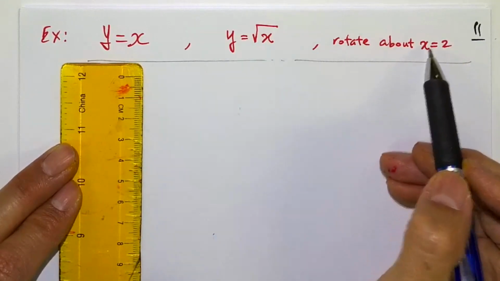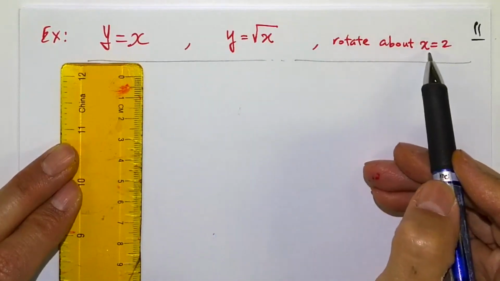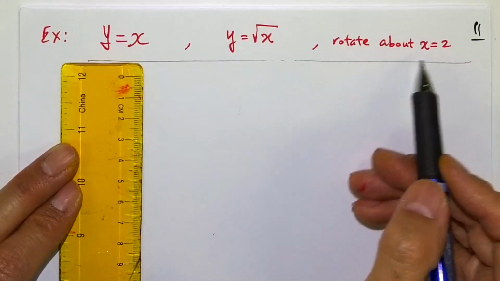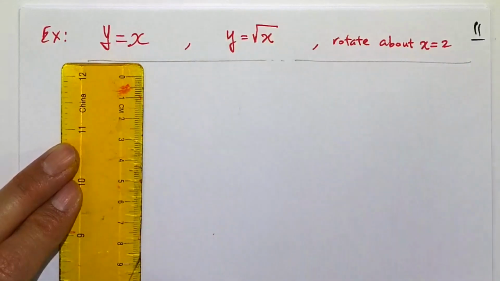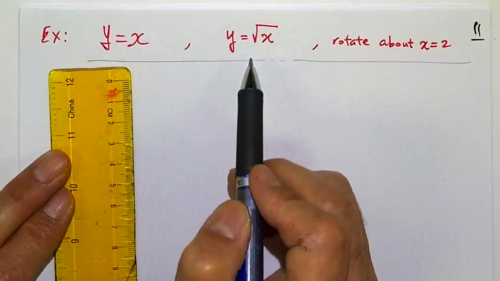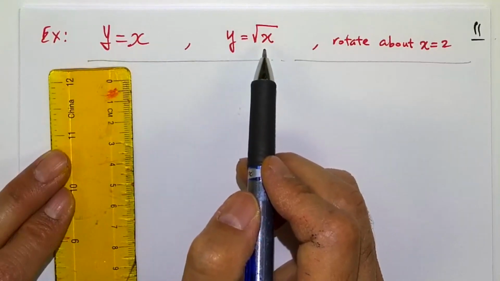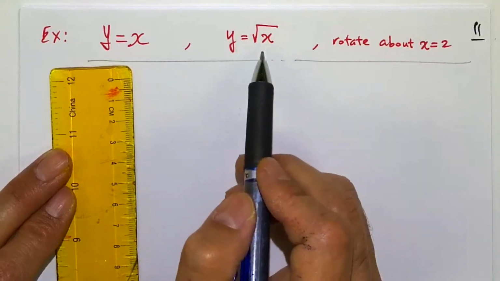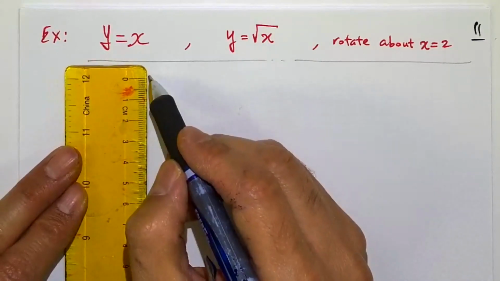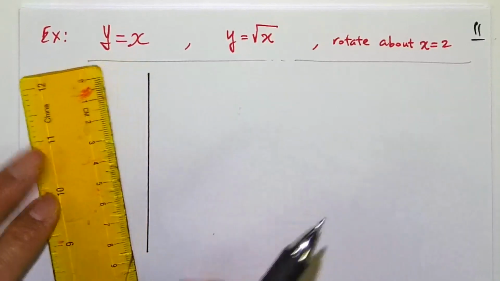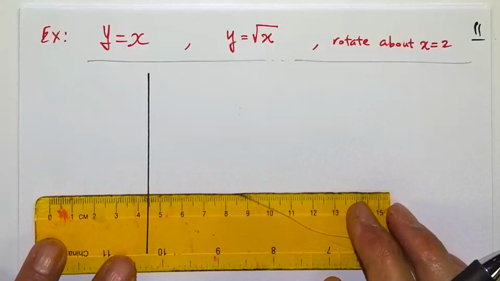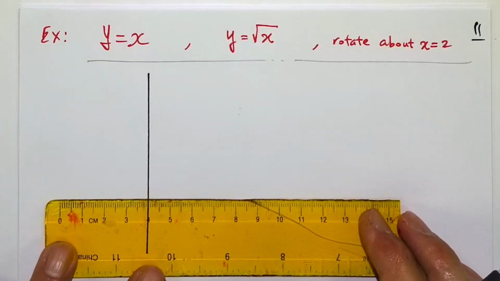Rotating about a vertical line which is parallel to the y-axis means that we can use dy or y as the variable of integration. So this function is okay, but this function has to be written in terms of y. So x has to be written in terms of y when we do that. You'll see. That's why I encourage you guys to graph all these situations, because they answer so many questions that you might have.